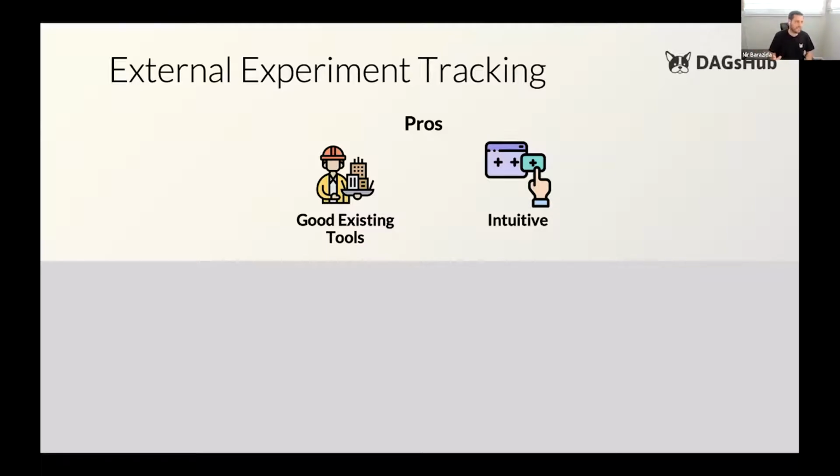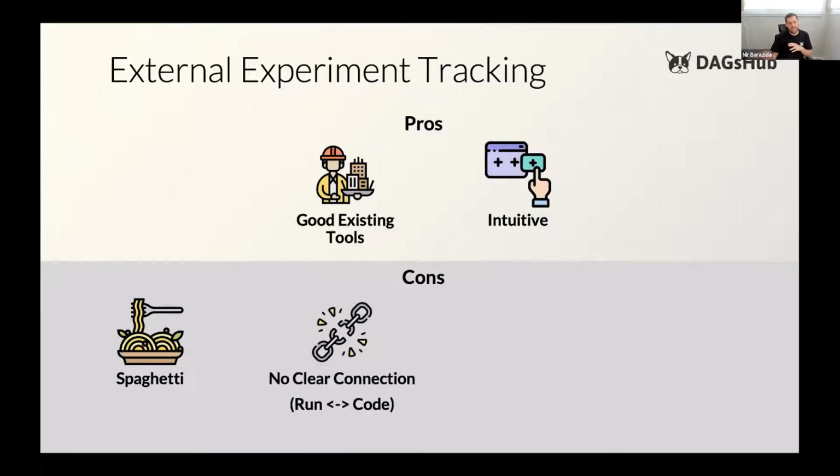However, using those tools to track our experiments can easily get us spaghetti. What do I mean by that? When we run multiple experiments, we end up with a huge table of experiments where we have no idea which experiment is connected to which code or data file.